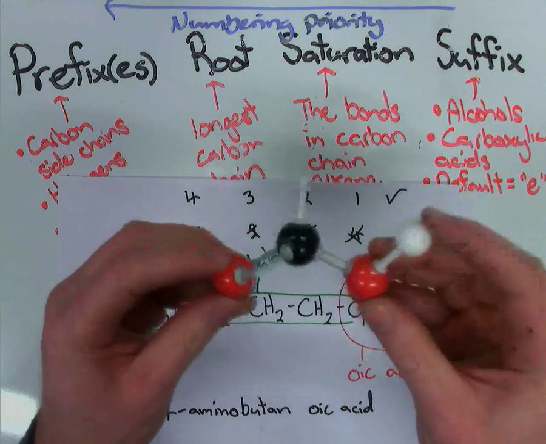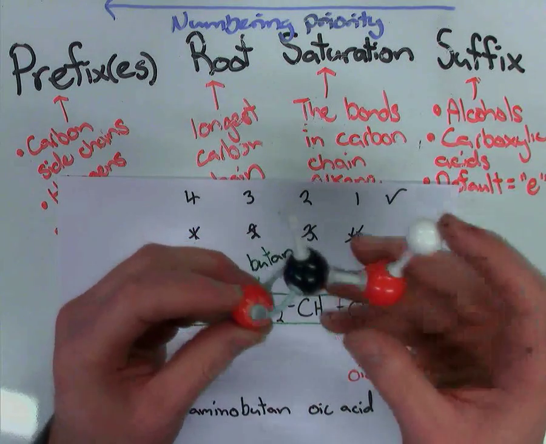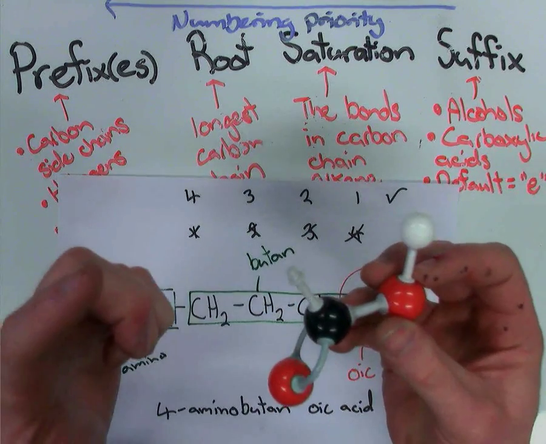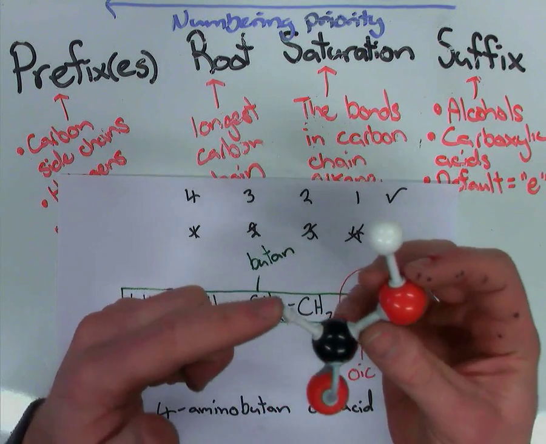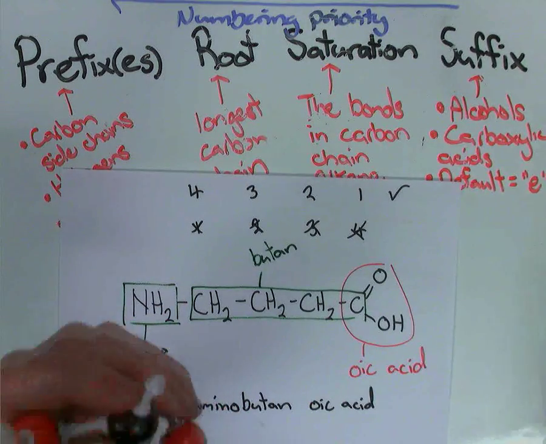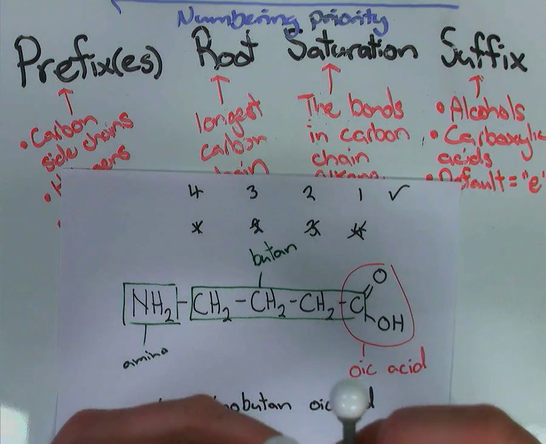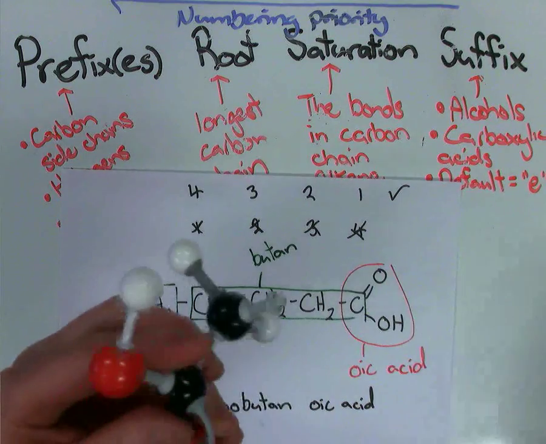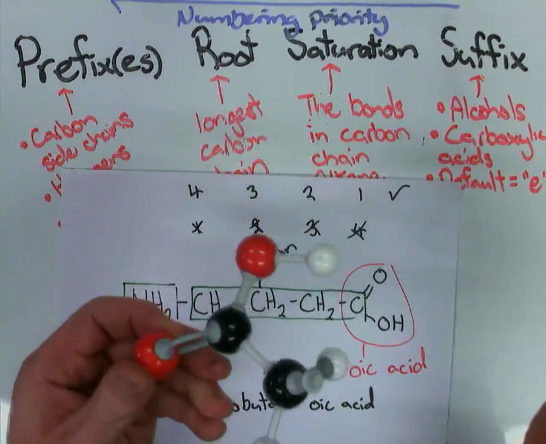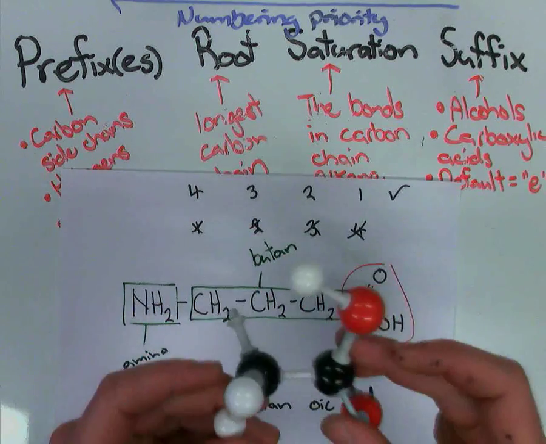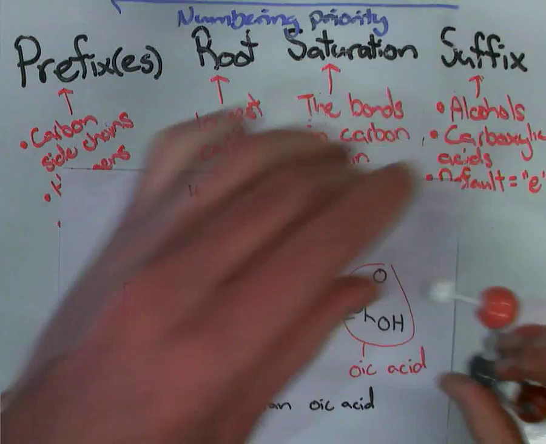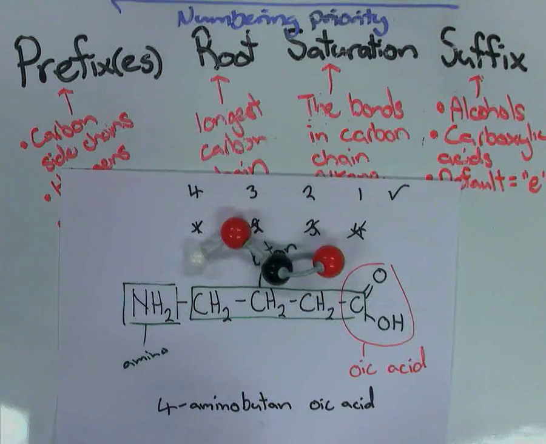Double bond to an oxygen, another bond to an O, then to an H. Because a carbon can only have 4 bonds, there's only one more bond available for it to join on to a carbon chain. That means we can't have this and have more than one carbon bonded directly to it. There's no bonds available. So it has to end up being the last thing on a chain. So it's always at the end of a chain.